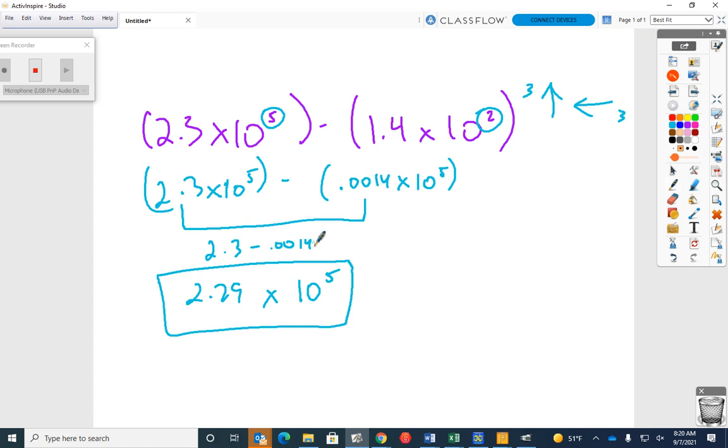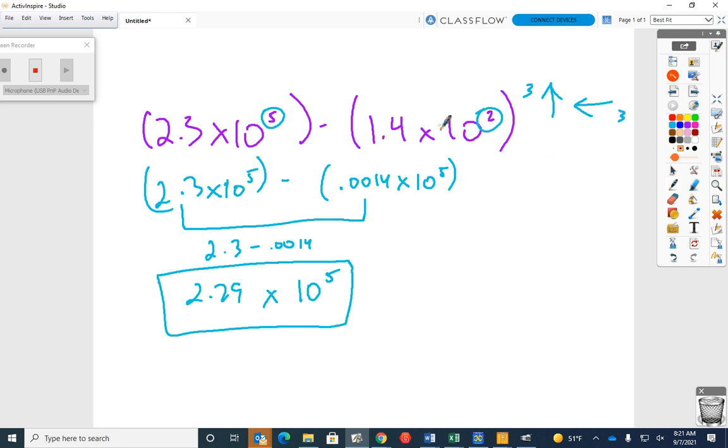Question? You move the 2 up to 5 so that they match, and then how many times it takes 2 to get to 5 is how many times you move the decimal. If you move it up, my decimal goes left.